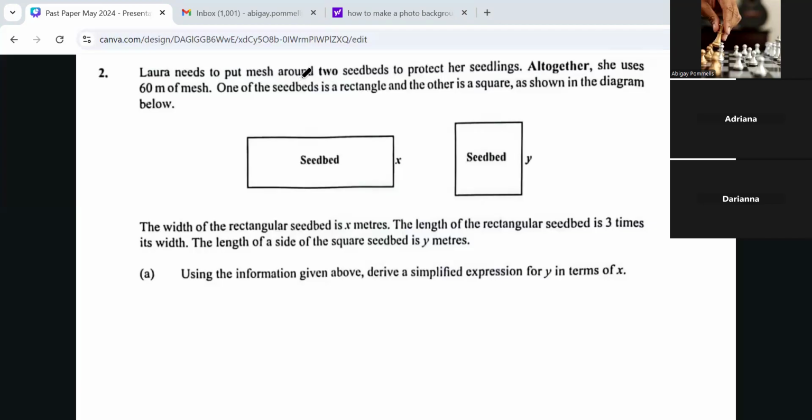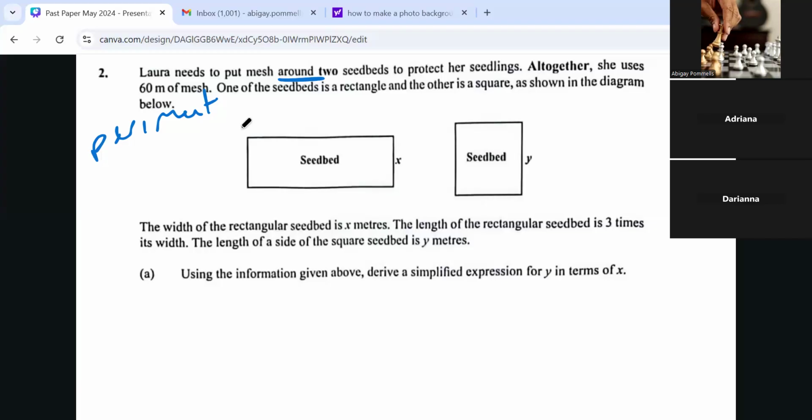So we know that around means perimeter, right? Altogether, she used 60 meters of mesh. So basically, Lauren only has 60 meters of mesh, and she used it for both of them. That means the 60 meters went around the rectangle and the square.